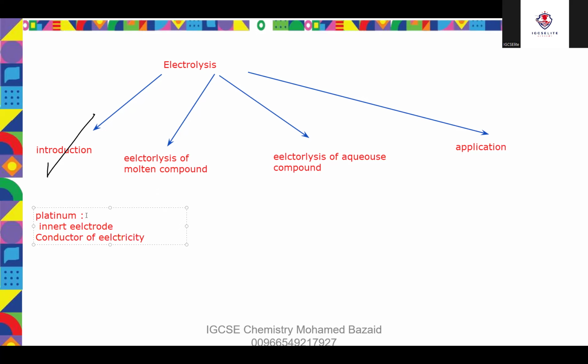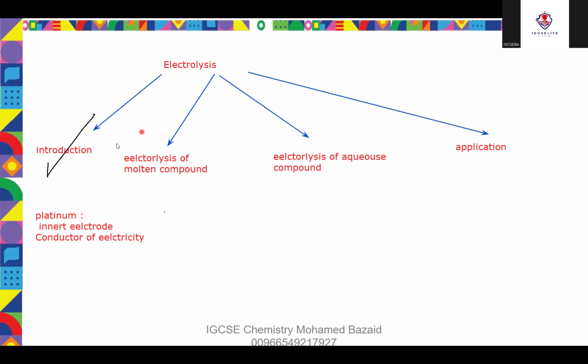Maybe someone asks me, why you cannot choose iron as electrode? Why platinum? Because platinum is inert electrode. What is meant by inert? It doesn't participate in any chemical reaction during electrolysis. Number 2, this is a good conductor of electricity. Okay? This is the first part of my session today, introduction.